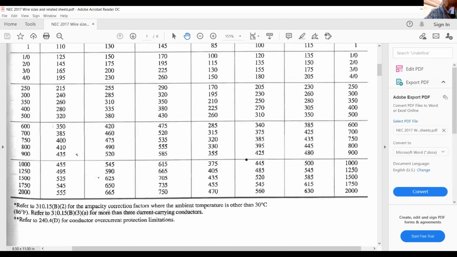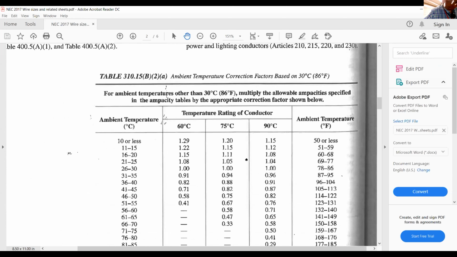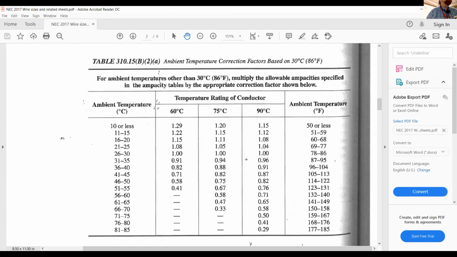Okay, go to the very next page, and you have a temperature correction factor that you have to put in place. This is stuff you've got to know if you're ever gonna get an electrical license. Now, let's say the wire that you have here was a 90 degrees Celsius rated wire, but the ambient temperature, I'm gonna let you give me a real ambient number for the hog house.